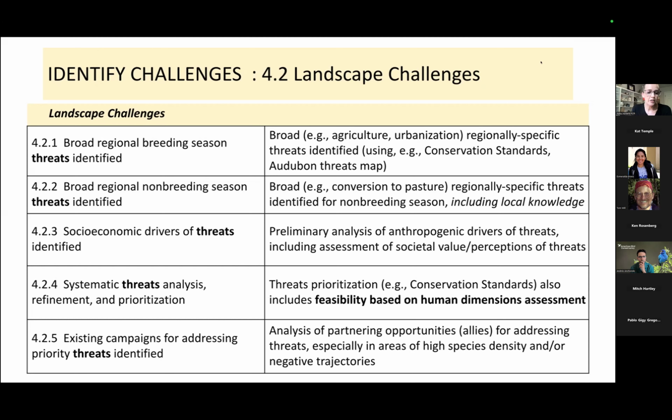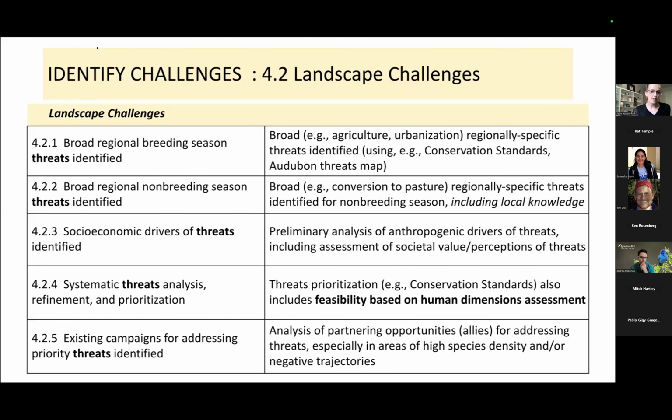And then we move into looking at the threats that we've identified, refining them, and trying to prioritize them. And again, there are different systems that can be used in this process, but a big piece, which I put in bold because this is one of the things that I find most interesting and also most important in applied conservation work, is understanding the feasibility based on these human dimensions components.